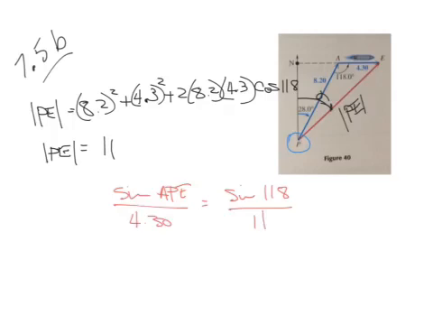I do my cross multiplication and I get my APE, this angle right here, and that's going to be equal to 20.4. And if I add 28 to that, I'm going to get this whole angle here.